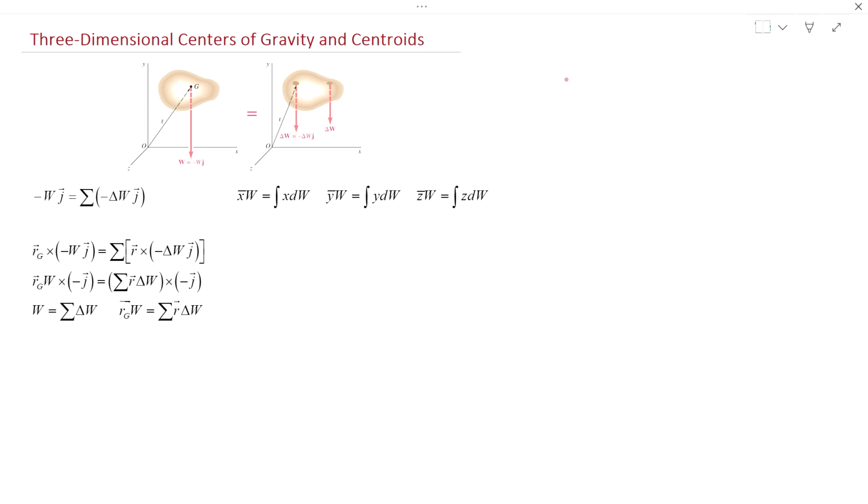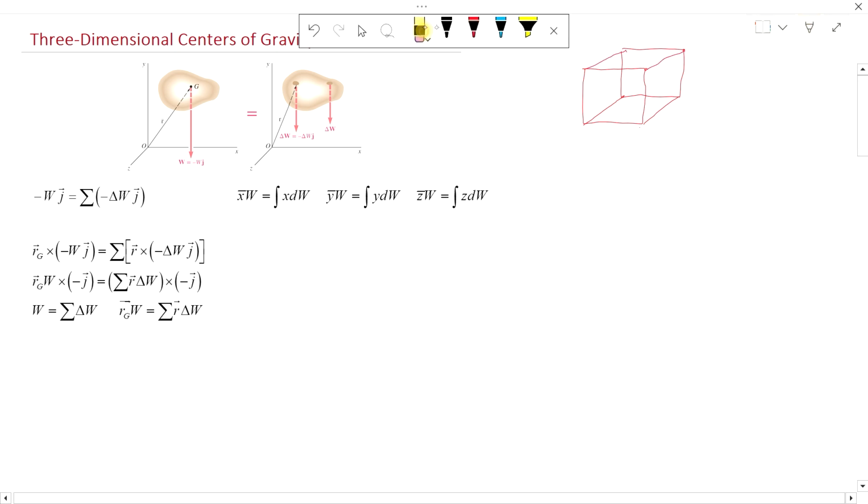If a body has a regular geometry, let's say for instance a cube, the centroid is located with respect to the coordinate system. That is something that we know by now.